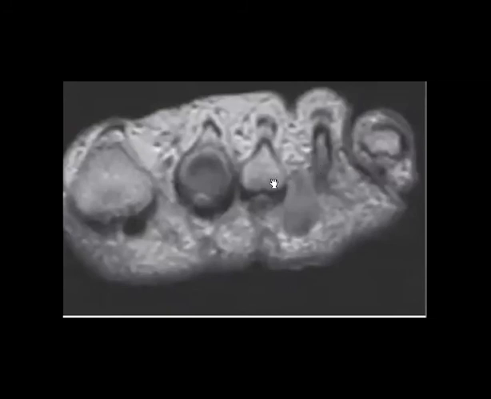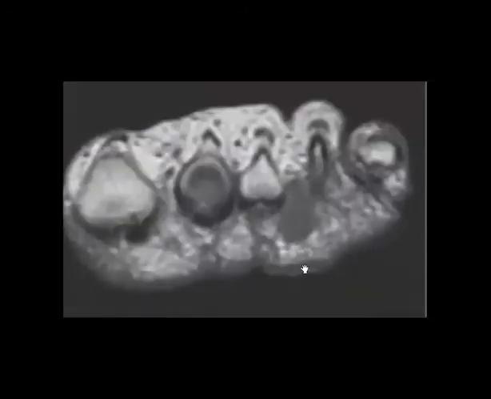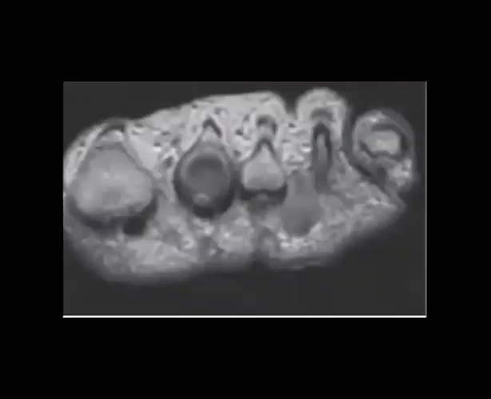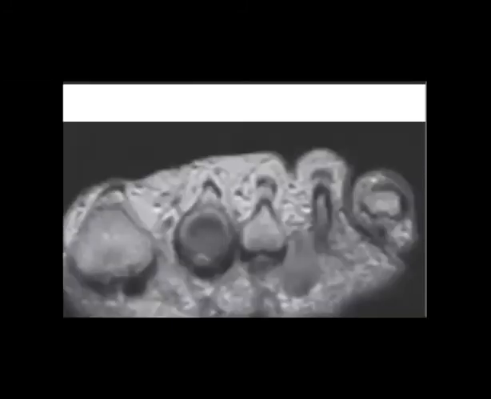So it will be like a soft tissue, and you can see that it will be enhancing post contrast. This is the pre contrast, and this is the post contrast image. Sometimes you can show it in the coronal image as well. Anyway, in the axial, it is more obvious here.